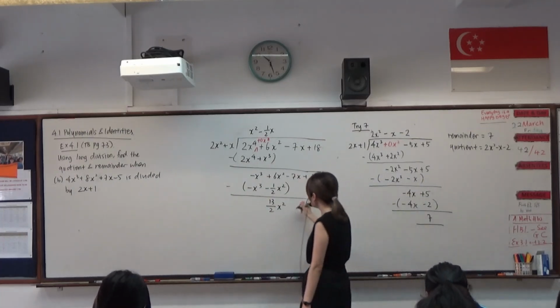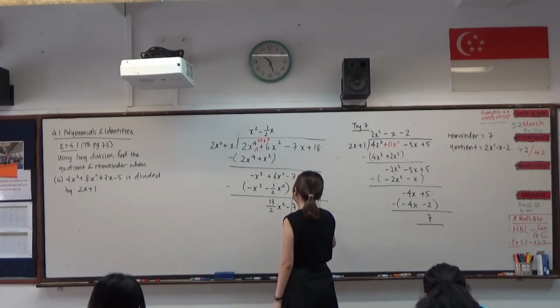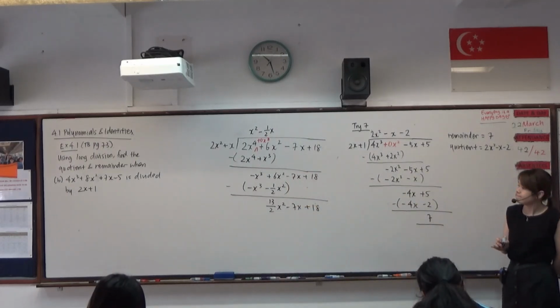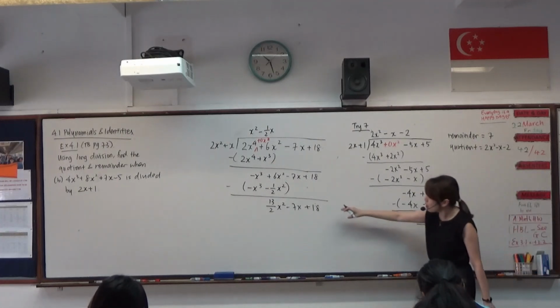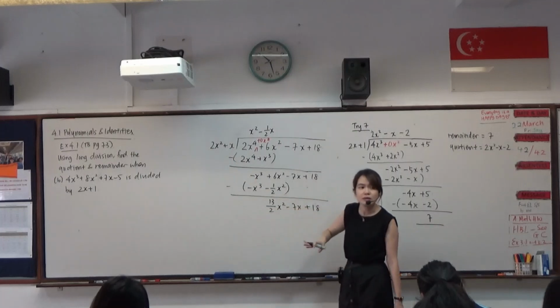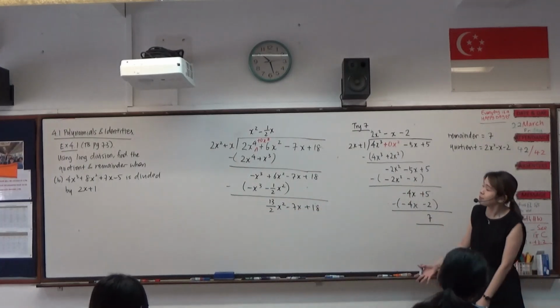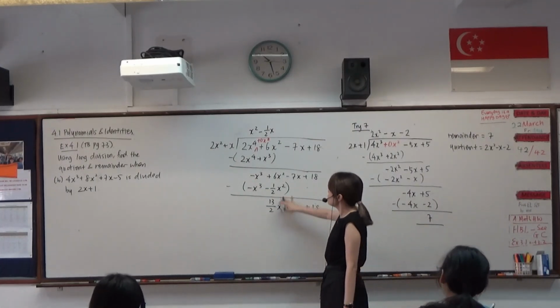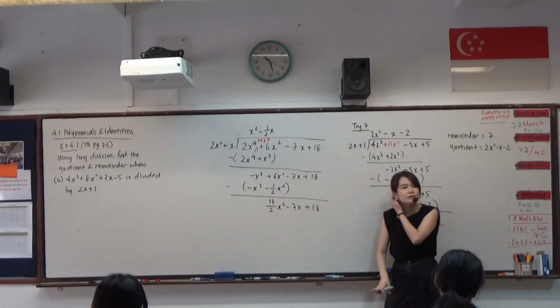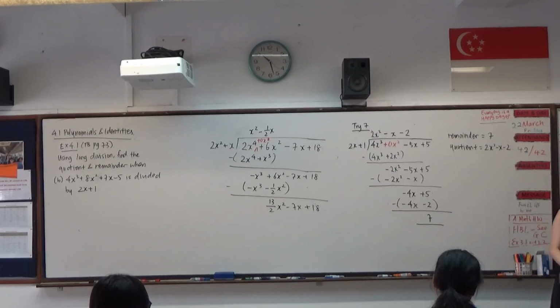Then I'll carry down minus 7x plus 18. My degree of polynomial over here is 2, and the degree of polynomial over here is 2 still, so I still need to continue. What should I put over here in order to achieve a 13 over 2? 3 and a half.